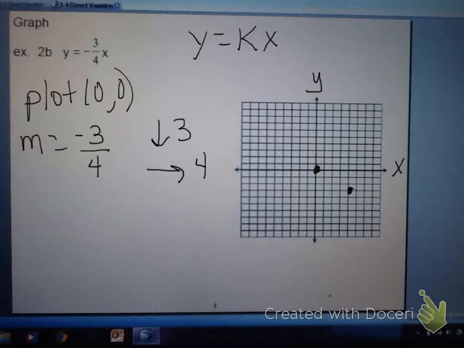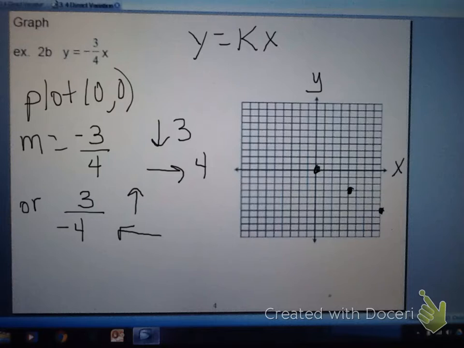Do it again. We have room. Or we can choose to put the 3 as positive 3, and put the negative with the bottom. So we would go up 3, and this time we would go backwards 4.